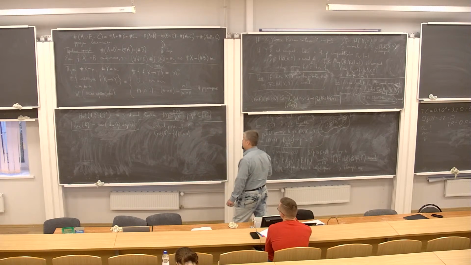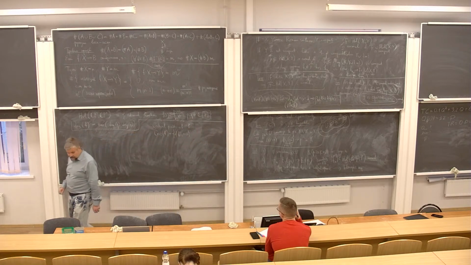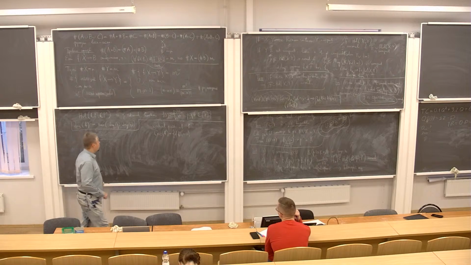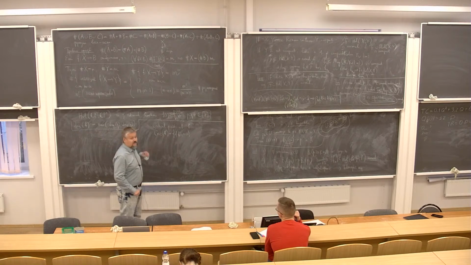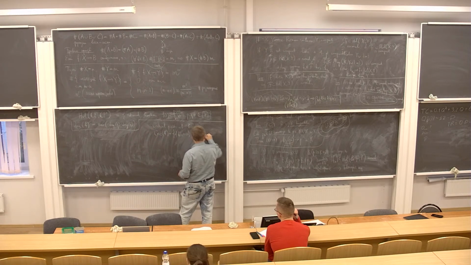So critical points are where the derivative vanishes, and if a rational map is non-constant, then this is a finite set. So this is finite unless f is constant.